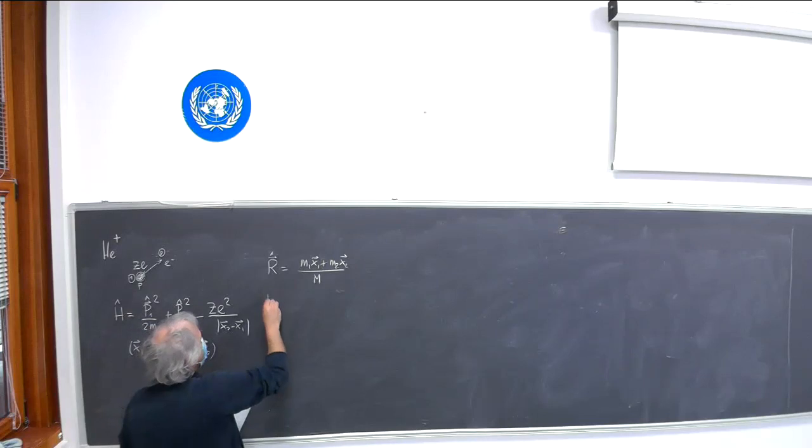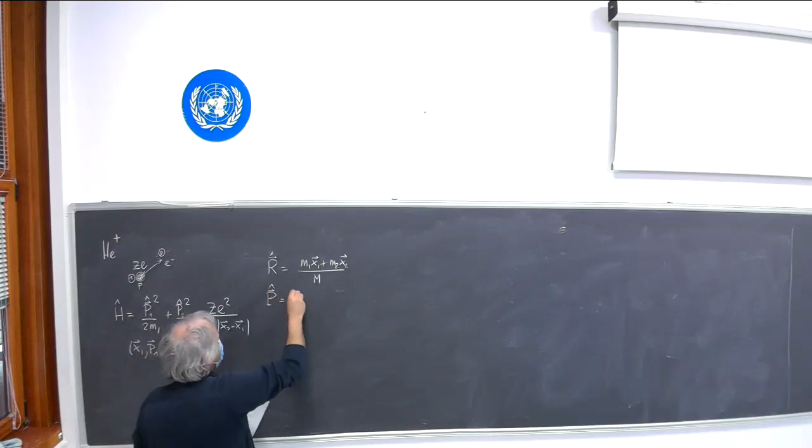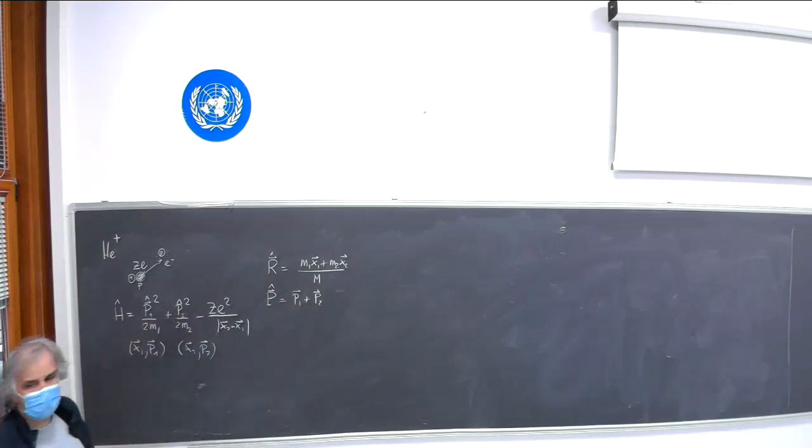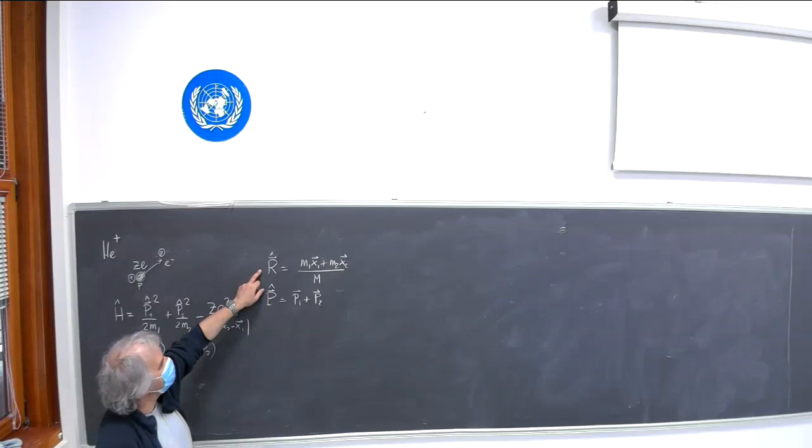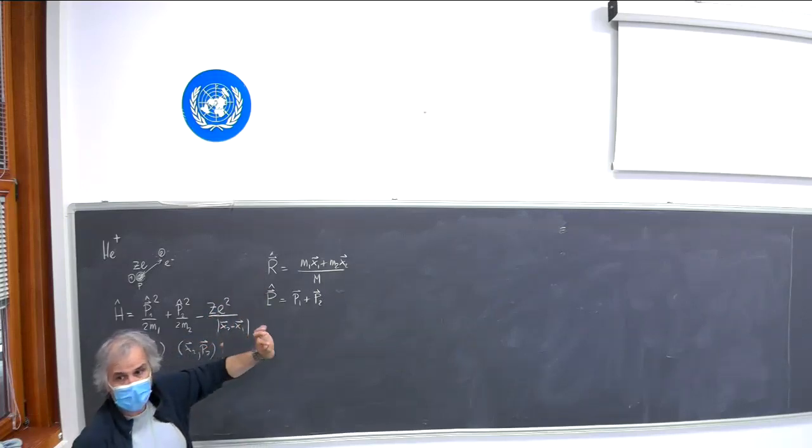Now, you know that there is also another important object, which is the total momentum, which is the sum of the two. So these two objects, center of mass and total momentum, are in fact canonically conjugate pairs.